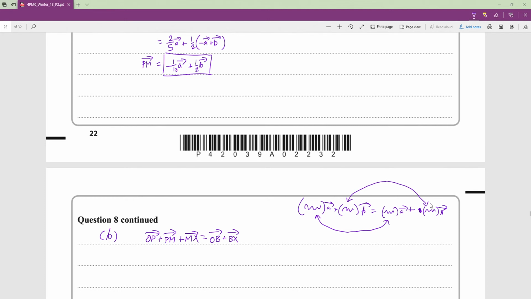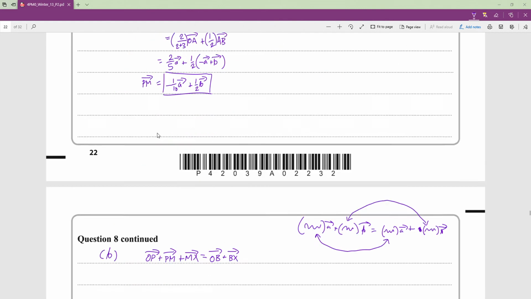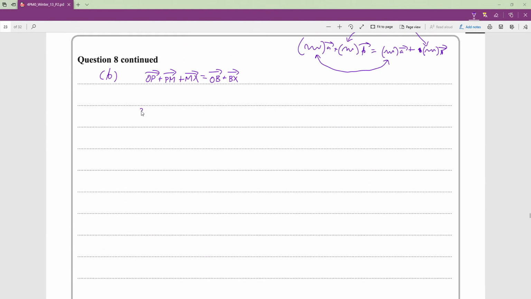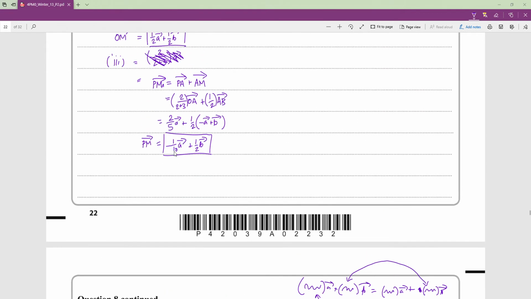That's a key problem-solving step that you should remember, because it tends to be in these questions that they're trying to get you to form a simultaneous equation with these and these. So we know that OP is 3 over 5A, and we calculated earlier that PM is minus 1 over 10A plus 1 over 2B.